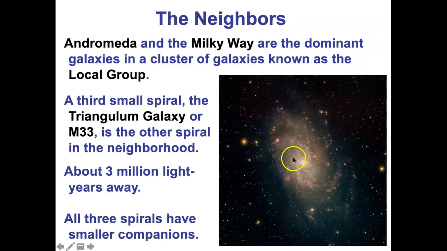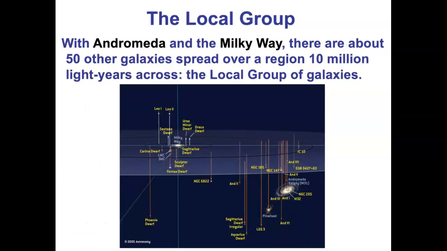And in the spiral arms, you see all those red smudges that tell you there's star formation happening in the spiral arms, just like in the Milky Way. So Triangulum is a spiral galaxy, and yet it looks different from the Milky Way and different from Andromeda. So they're all spiral galaxies, but a little different.